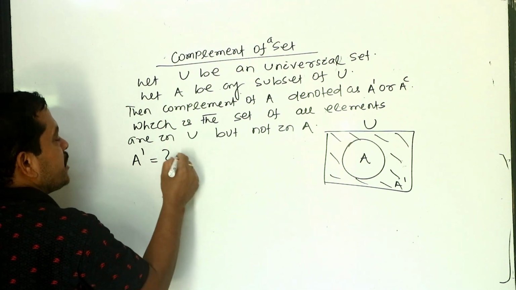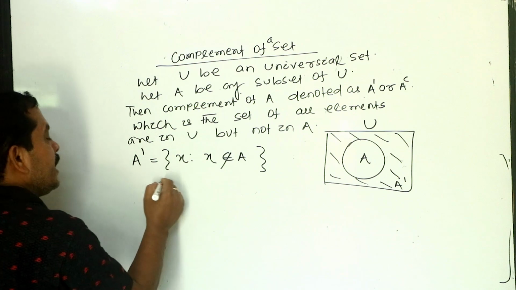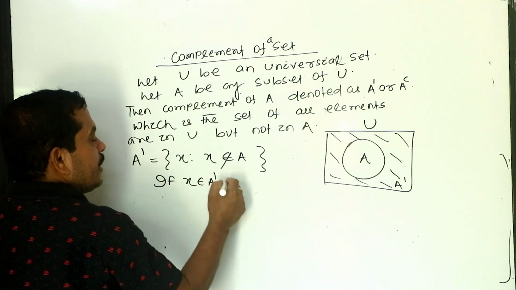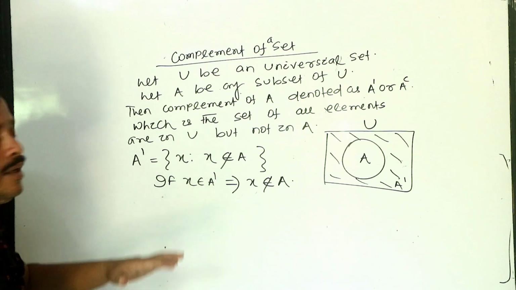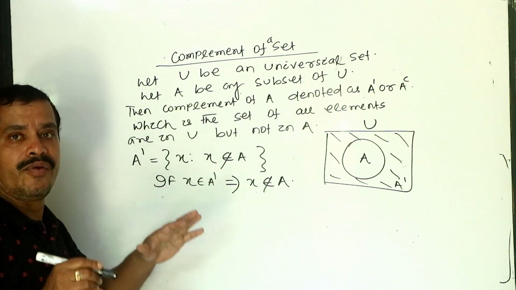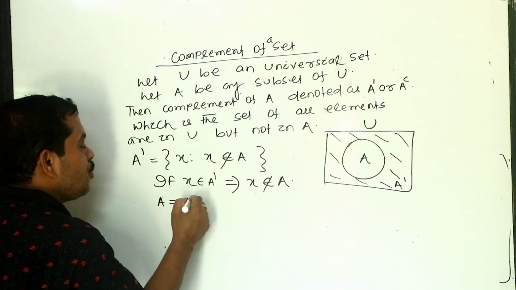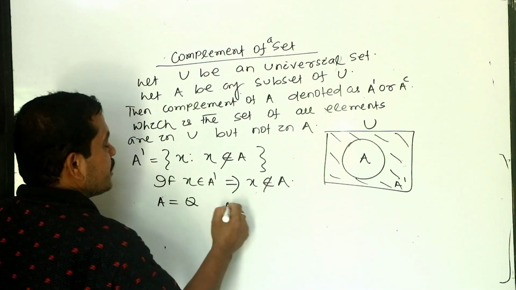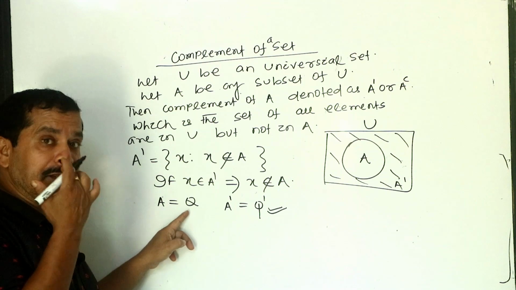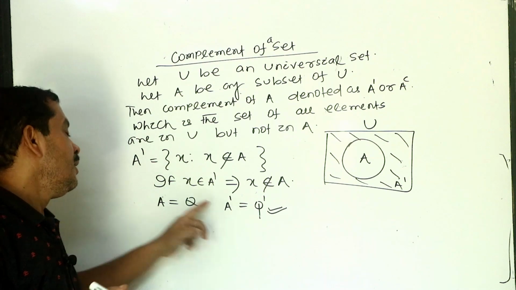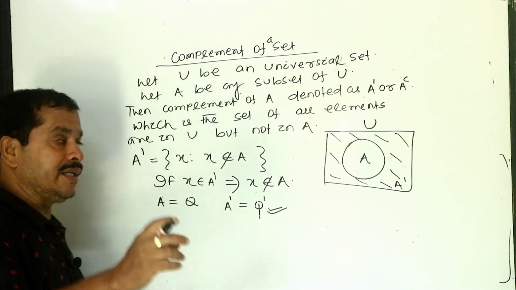In set builder form, we express it as x such that x does not belong to A. That means if x belongs to A dash, that implies x does not belong to A. That is the complement of set A, the collection of all elements which are in the universal set but not in the set A. If the set A is Q, the set of rational numbers, then its complement is Q dash, the set of irrational numbers.